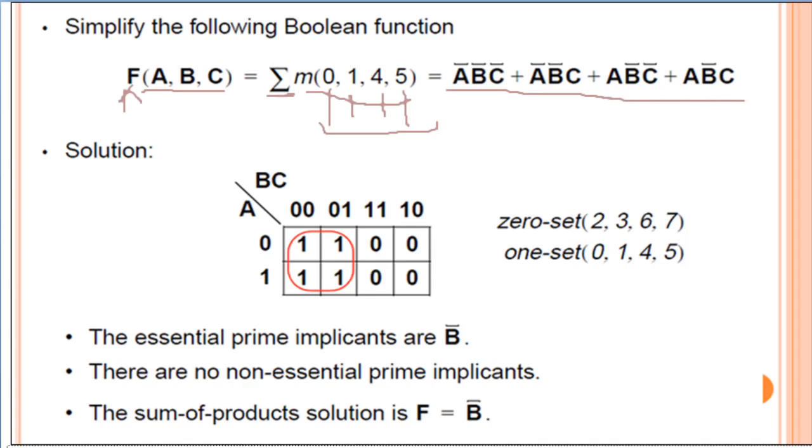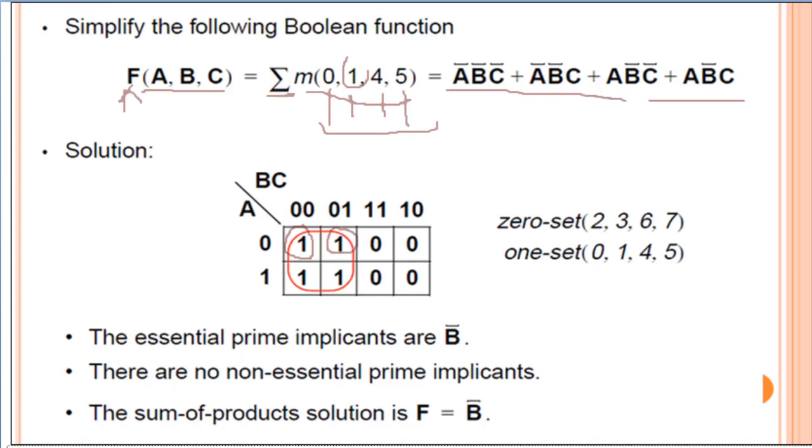Now we will fill these true terms into the K map. This is 0 0 0, so we have to put 1 in that particular 0 place. This is 0 0 1, so we put 1 in that location.